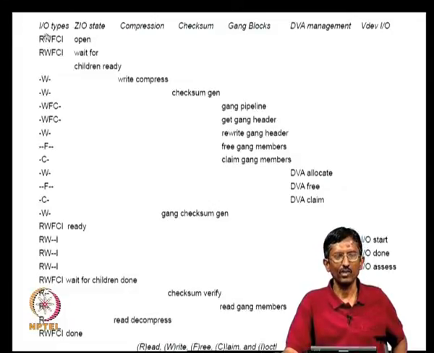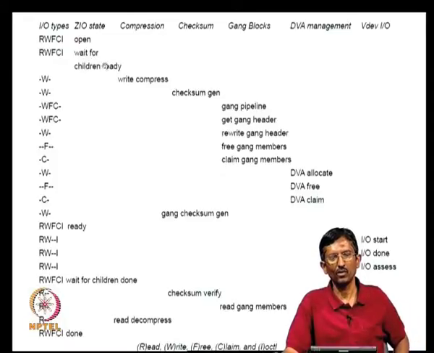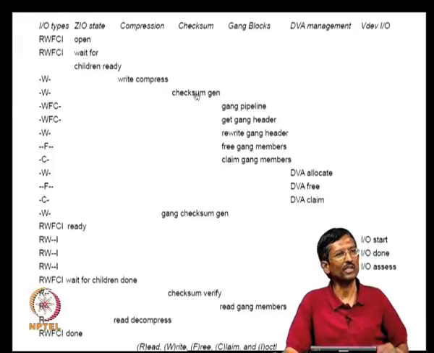For example, you have a write here, you might want to open the device. It may be that the I/O has multiple children, because one I/O might be composed of multiple sub I/Os. So you want to wait for all the I/Os to be completely processed before issuing it out. You might want to compress all of them, because you are doing compression or encryption, and then you want to generate the checksum, because you are writing it.